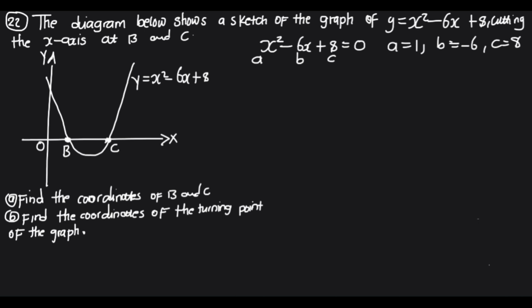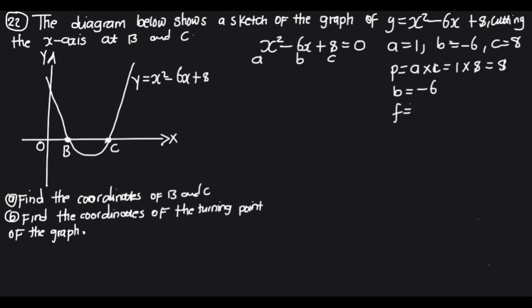For us to use factorization, first we need to solve for the product. The product is found by multiplying a times c. So a is 1, c is 8, 1 times 8 is 8. Then the sum is the number for b, which is negative 6.